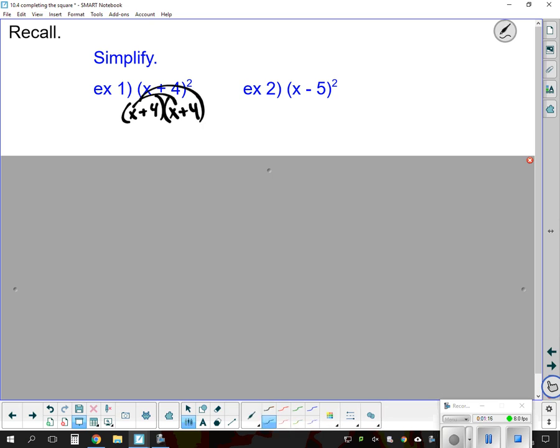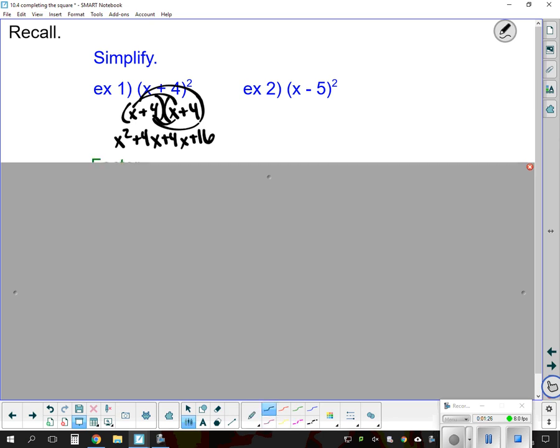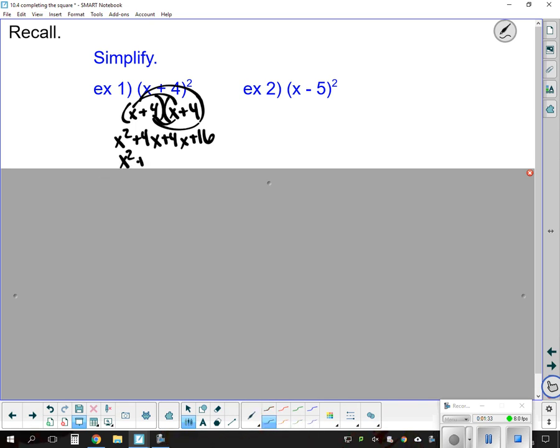We've got to multiply this all out. So we get x squared plus 4x plus another 4x, and then plus 16. And of course, we have like terms, so I need to move that down, and then we would have x squared plus 8x plus 16.